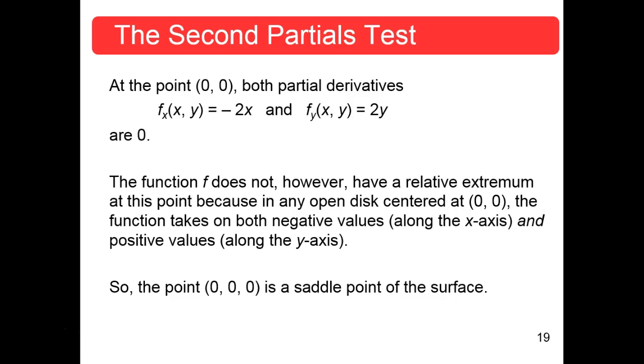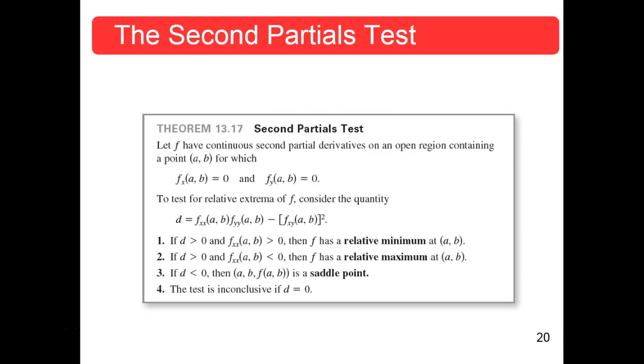At the point 0, 0, both partial derivatives are 0, which makes it a critical point. Function f does not, however, have a relative extremum at that point, because in any open disk centered at 0, 0, the function takes on both negative values along the x-axis and positive values along the y-axis. So the point 0, 0, 0 is the saddle point of the surface, neither max nor min.